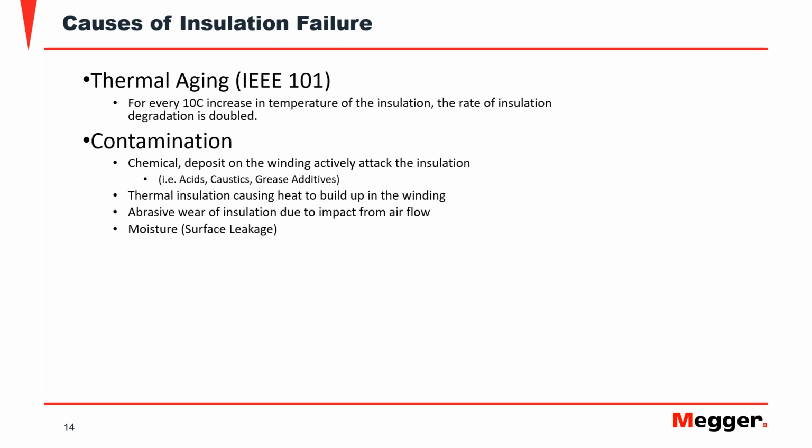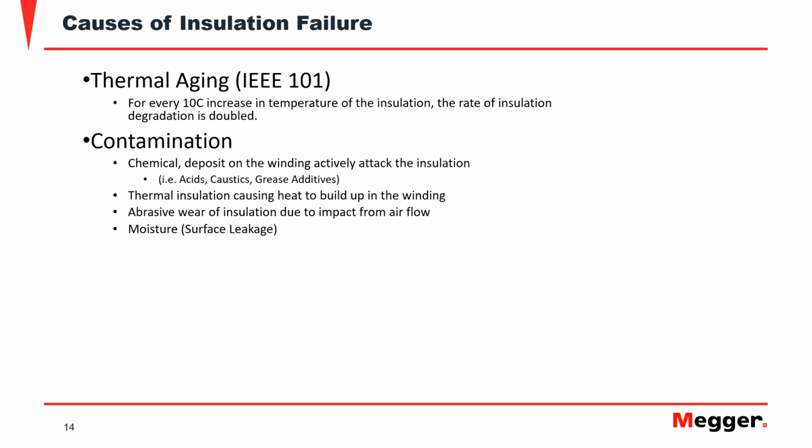Remember, those electrical machines are running all the time, so little by little we are damaging the insulation. The amount of insulation that we have depends on how thick the insulation is, so little by little we are lowering the amount of voltage that that piece of insulation can take.